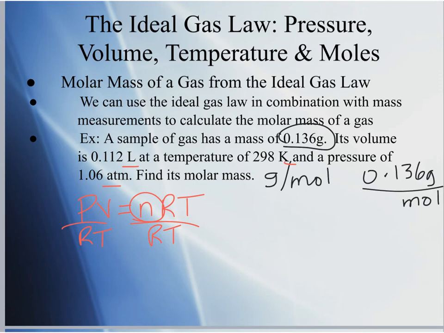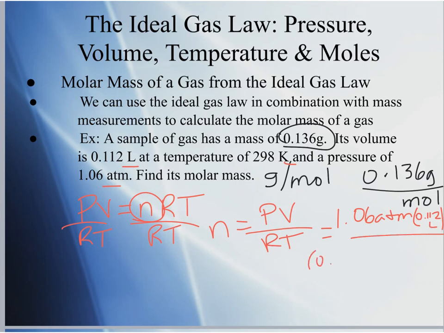So we're going to solve for n. So n equals pressure times volume divided by R times T. When we plug in our numbers, our pressure is in atmospheres. Good. So 1.06 atmospheres times our volume, which is 0.112 liters, divided by R, 0.0821 atmosphere liters per mole Kelvin, and then multiplied by our temperature, 298 Kelvin, right?